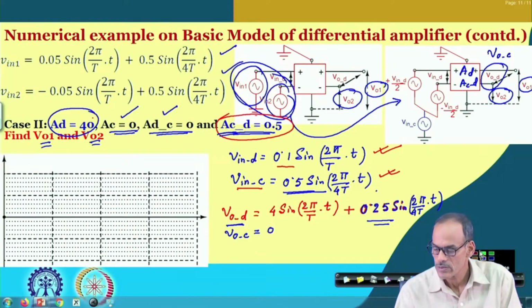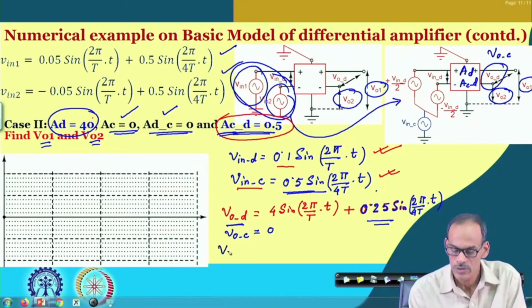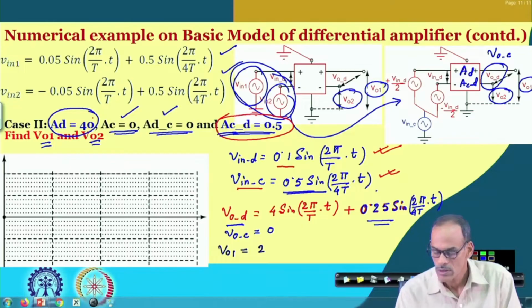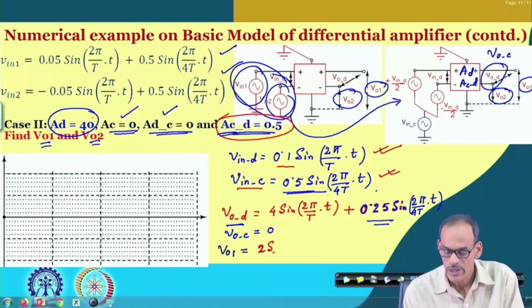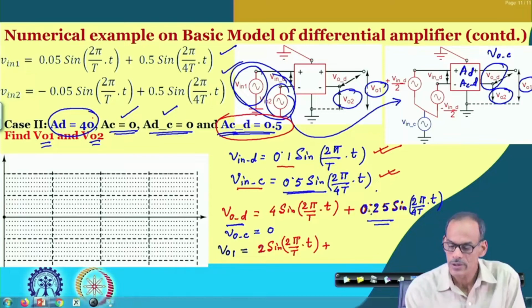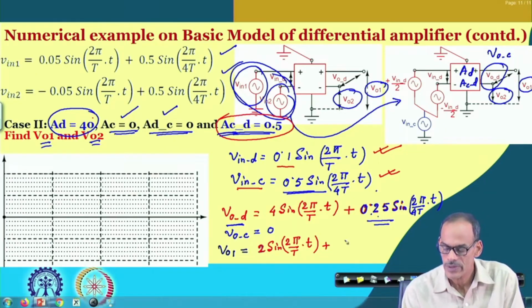Now, from this we can tell that the individual output VO1 equals half of this. So, that is 2 sin 2 pi by capital T into small t, and then plus the unwanted part, which I need to consider divided by 2.